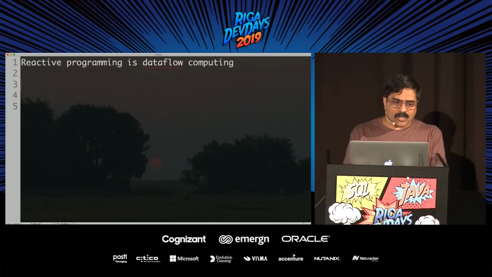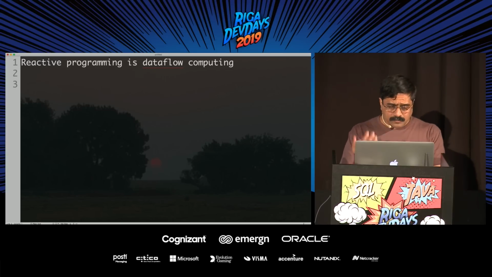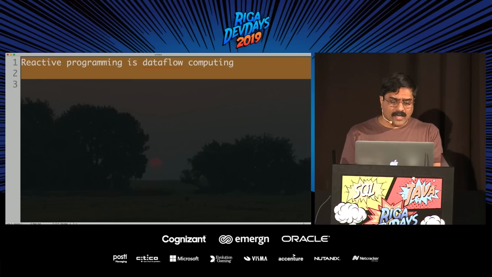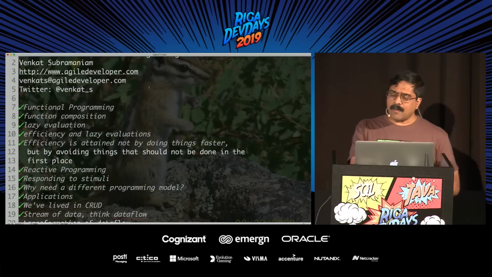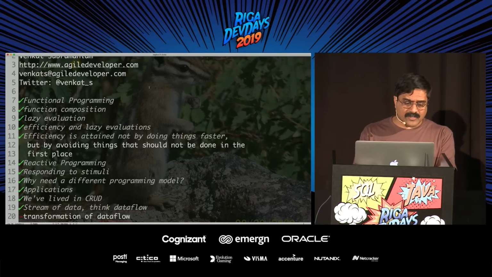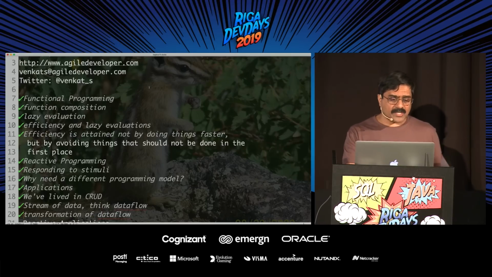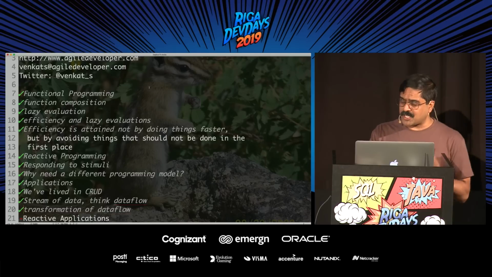That's what we really are trying to do in reactive programming. So in that regard, what does reactive programming really insist on having? It's a streaming of data. So think about data flow computing, and it's a series of transformations of the data that you're going to provide. But obviously the question is, if that's what you're doing, what does it really mean to create applications with this?